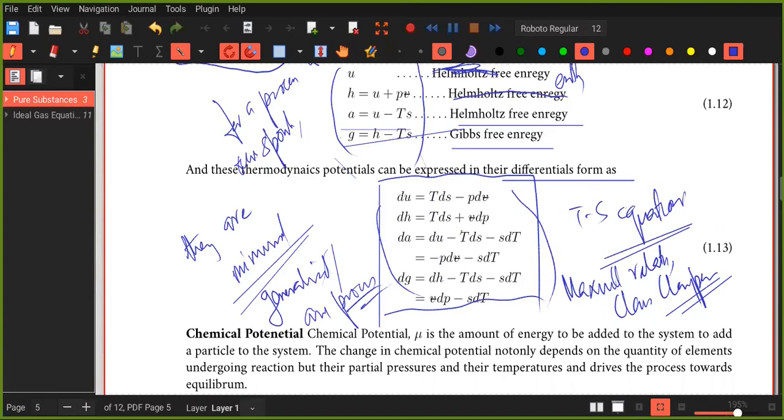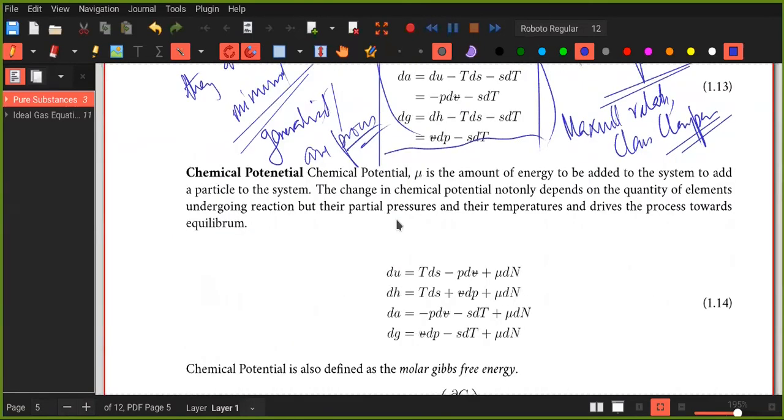Okay, so we'll look into one more term that is called the chemical potential. Chemical potential is the amount of energy added to a system to add a particle to a system. So it is a very crucial parameter of interest, most probably in systems which are undergoing chemical reactions or phase changes.